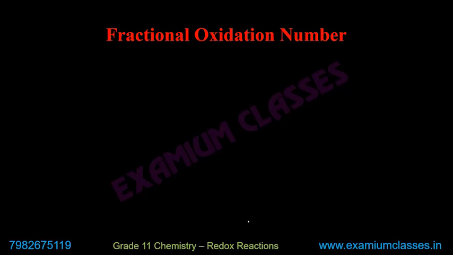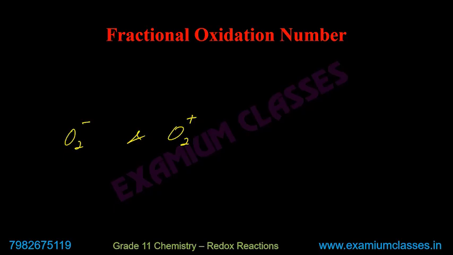So in most cases, it is not actually the fractional oxidation state of the element, but the average is a fraction. But in a few cases, exceptions are there, and those exceptions are O2- and O2+. So these you can remember as exceptions.